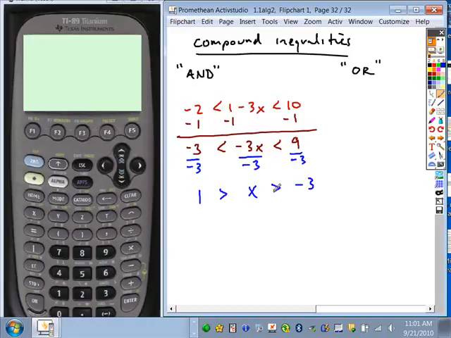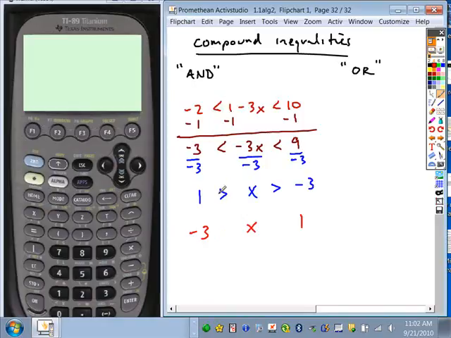And so when you're writing these, I always want you to write your expressions with the smallest number to the left, largest number to the right. So is 1 smaller than negative 3? No, so I need to switch all of these around. So I'm going to write my negative 3, then my x, and then my 1. And then just align your inequality symbols based on the direction.